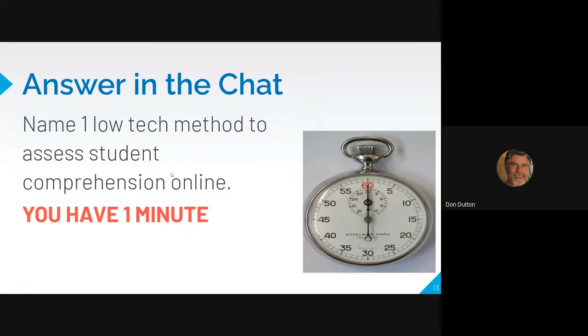In the chat over here, you have a way to send a message to everyone on the bottom. I would like you to answer in that bottom space that says send a message to everyone this question. Name one low-tech method to assess student comprehension online. Please write your answer in the chat now.